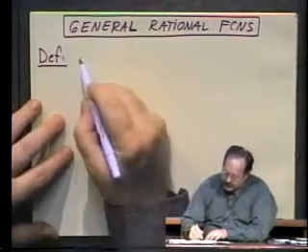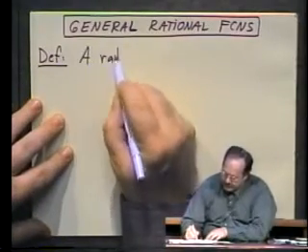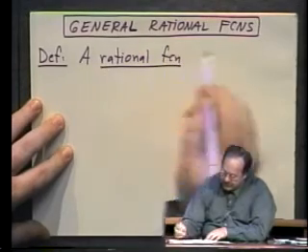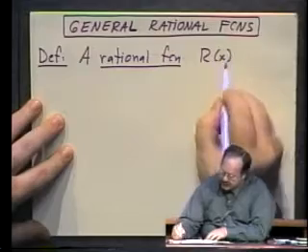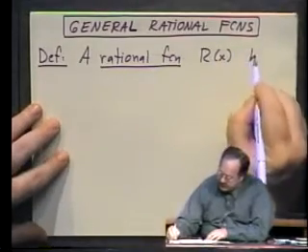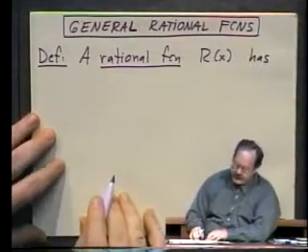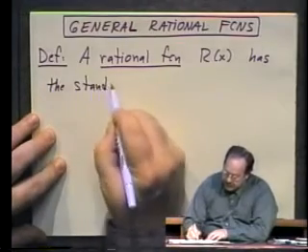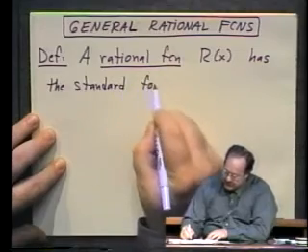Definition. So we have this down for the record. A rational function, big R of x will be the terminology, the symbolism that we use for rational functions here, has the standard form. Of course, all of these forms that we get are standard form.